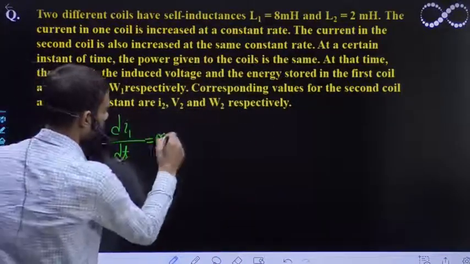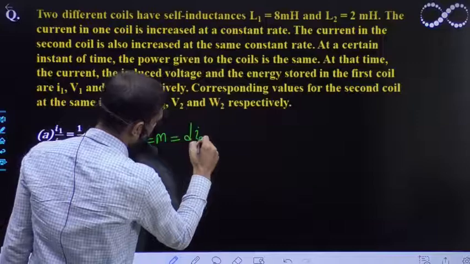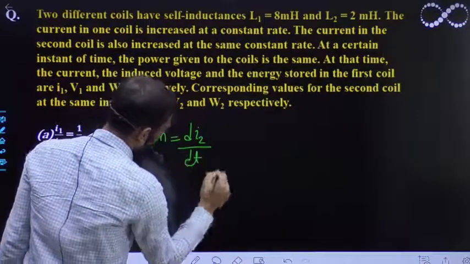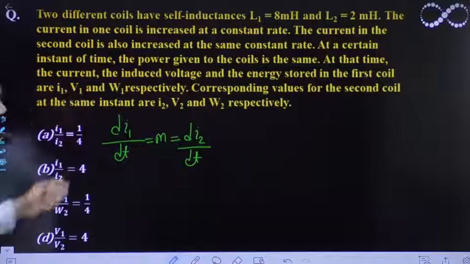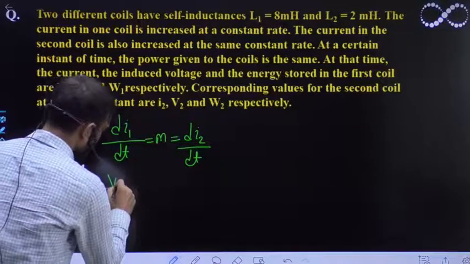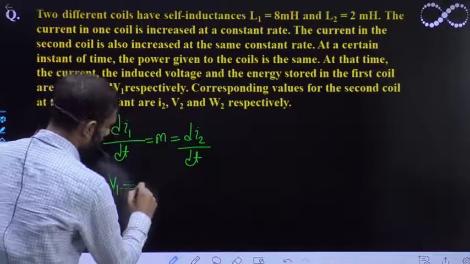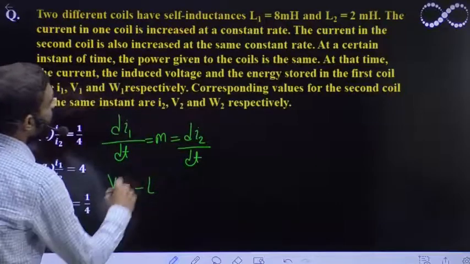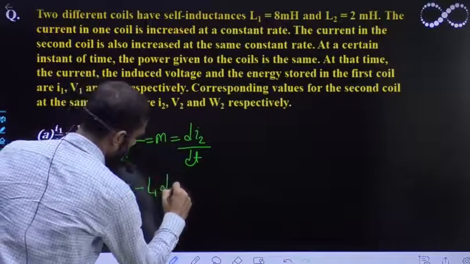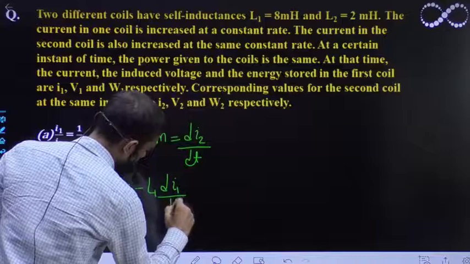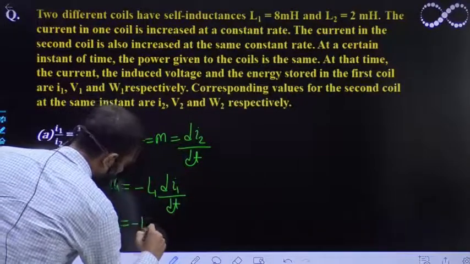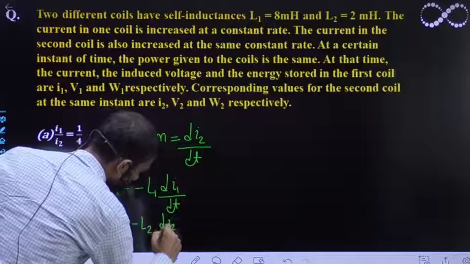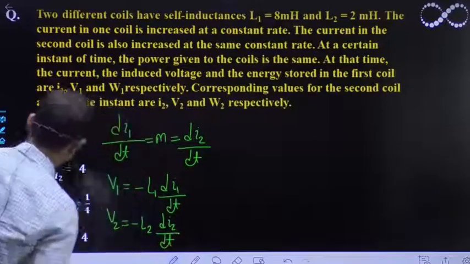So this is also equal to dI2 upon dt. Now let us see what will be the voltage, or you can say EMF. V1 will be minus L1 dI1 upon dt, and similarly V2 will be minus L2 dI2 upon dt.